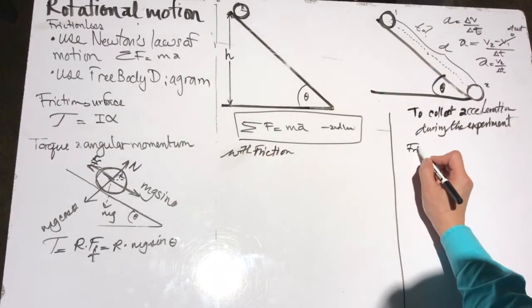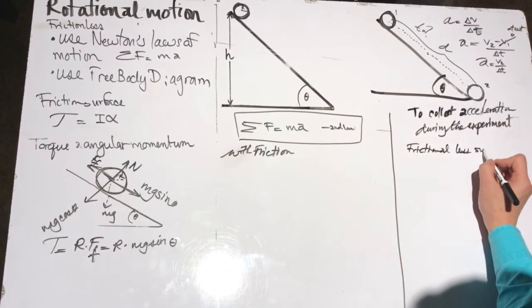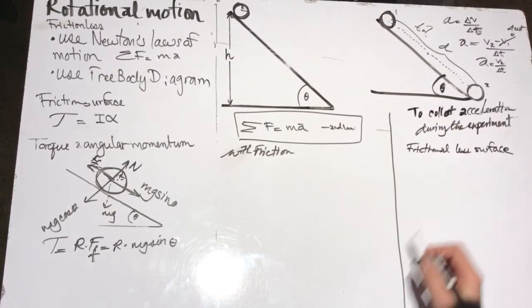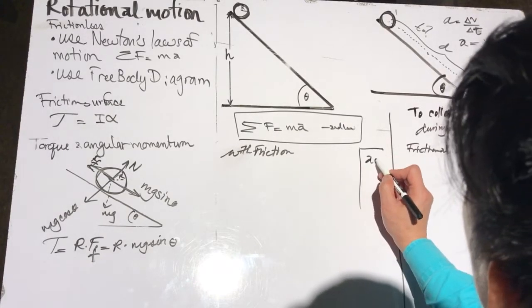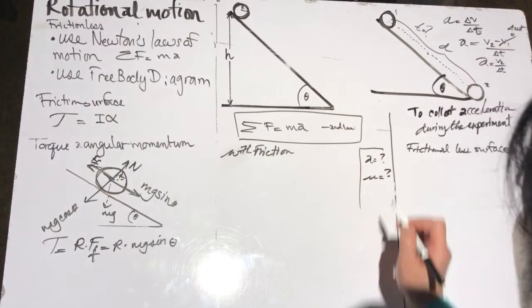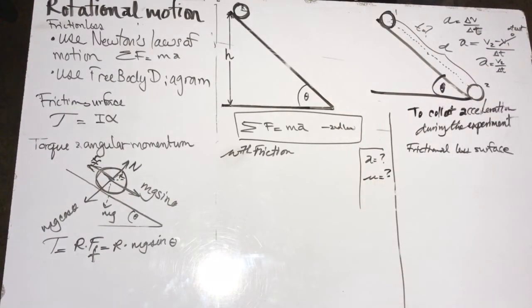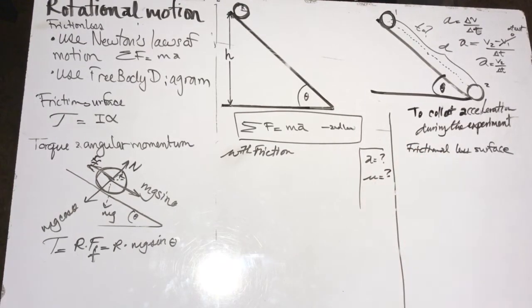This one is frictionless surface. And this one we're going to be solving for acceleration, and it might be looking for the coefficient. So this type of theory can be asked for two different things.